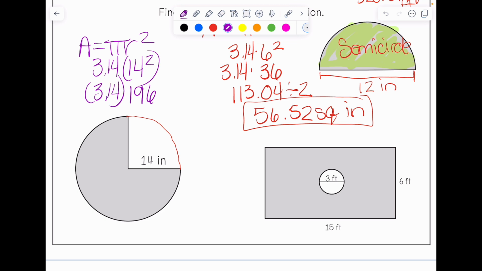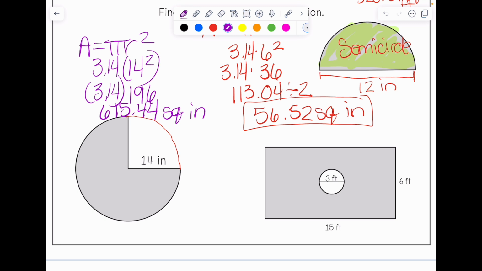And multiply that times 3.14. We get 615.44 square inches. Now that would be the entire circle, but I don't have an entire circle.